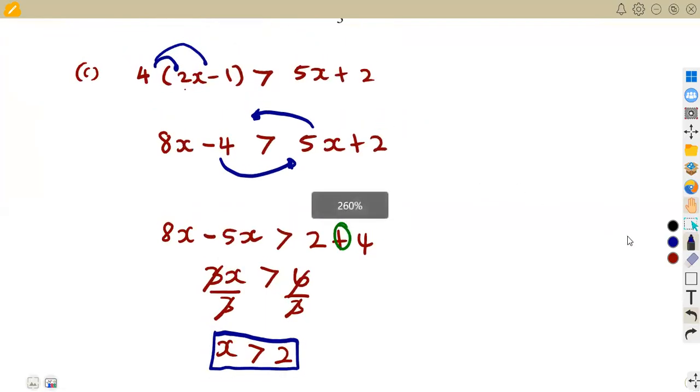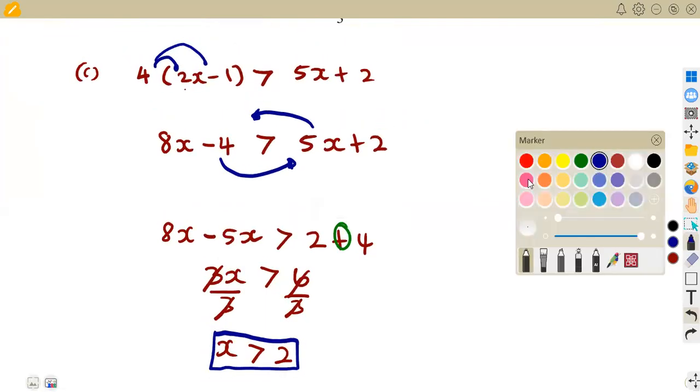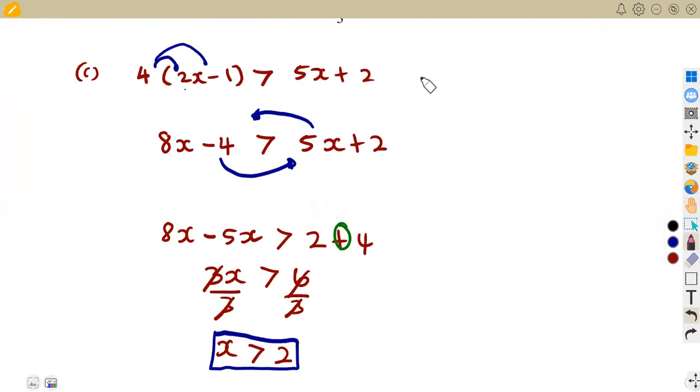So if x is bigger than 2, therefore our number line looks like this. Like I said, 0 is important. You can just indicate 0, then indicate where there is 2, or just indicate where there's 2. It's still one and the same thing. It's a greater than, so you're not going to shade, just going to draw a circle. Which values are we going to consider that are bigger than 2?